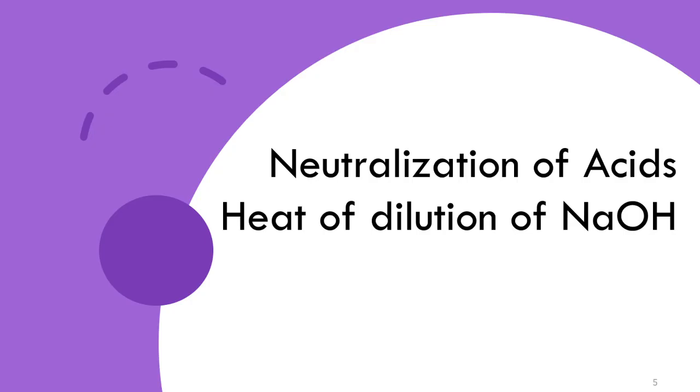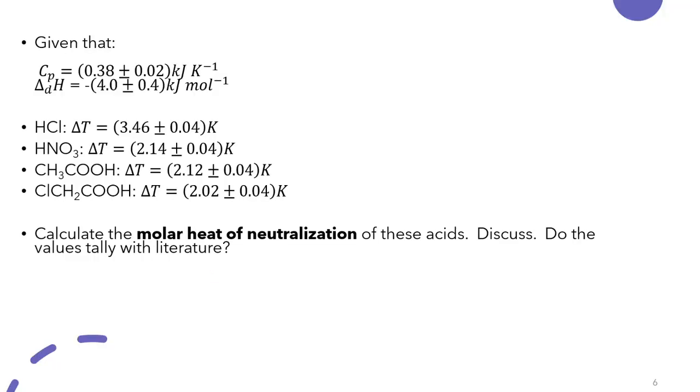If you read the instructions in your lab manual, it's quite straightforward. Okay, so this is a given. It's not the most accurate, but these are just given values that you're going to use for this lab report.